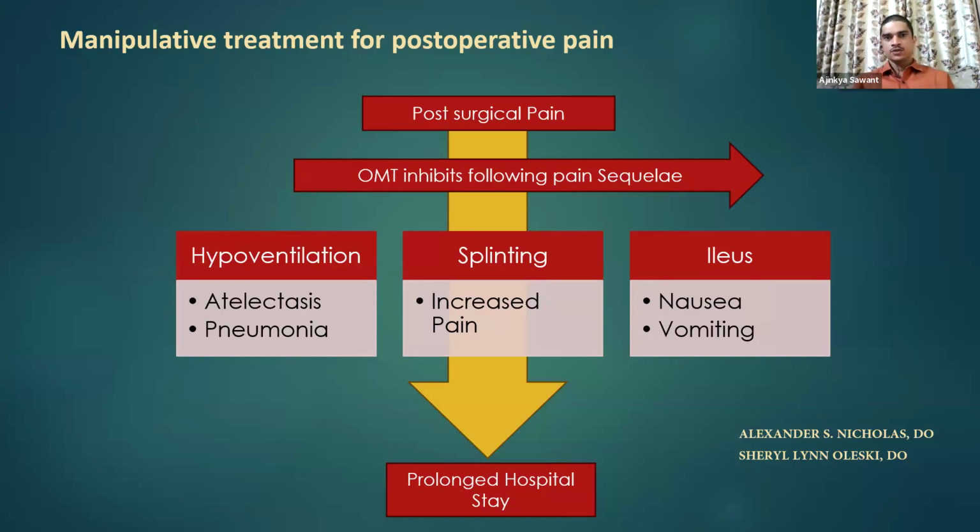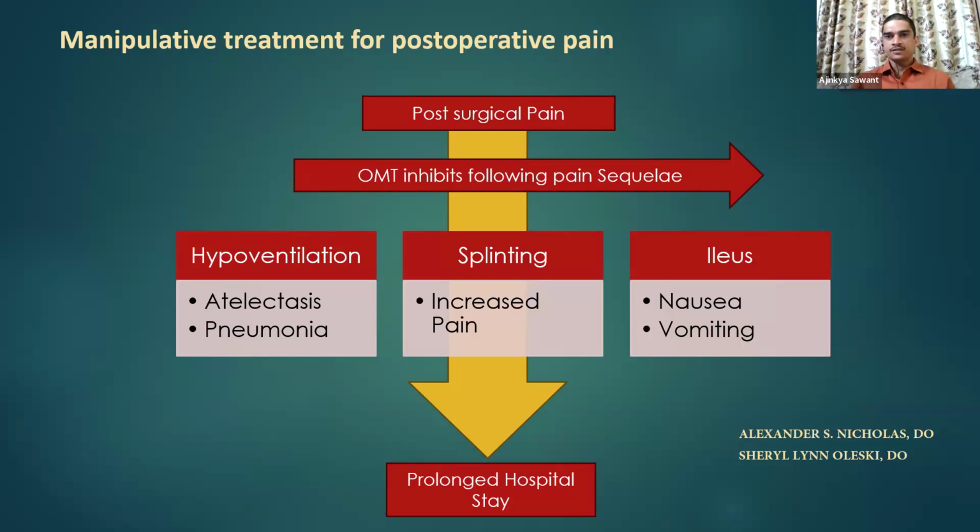So it increases pain. This has been taken from the research done by Alexander S. Nicholas and Cheryl, who are doctorates in osteopathy. They say that when there is hypoventilation, atelectasis, pneumonia, splinting causes increasing pain, and ileus causes nausea and vomiting, which causes prolonged hospital stay.